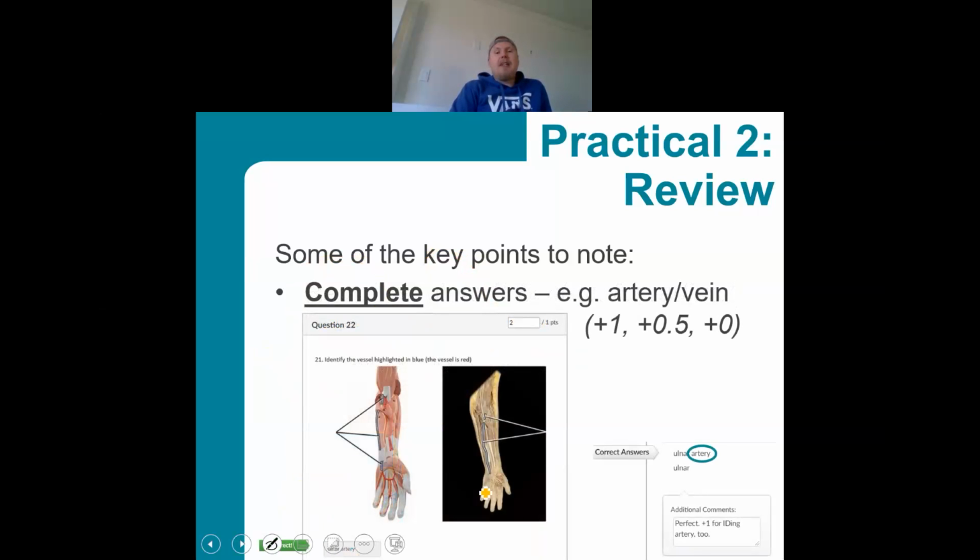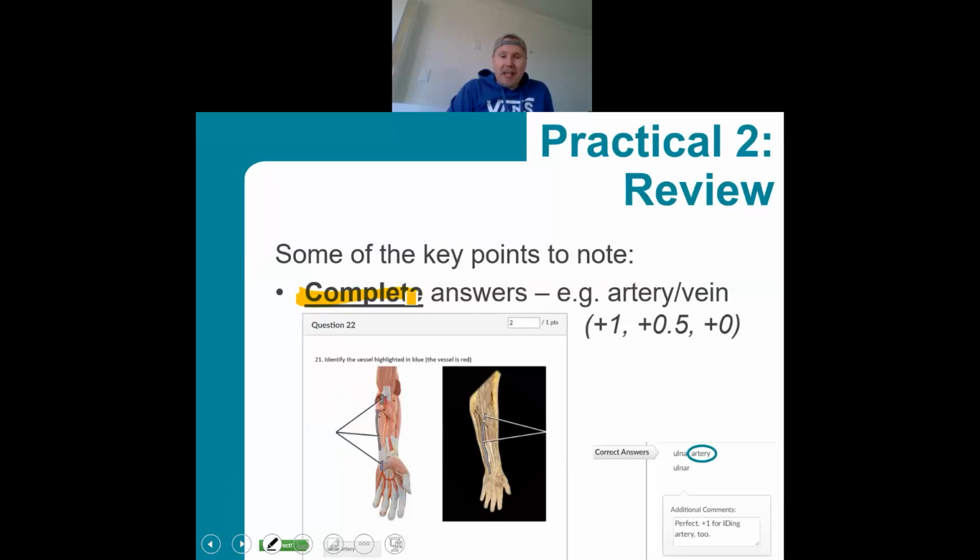Again, I do give more points. Often when we talk about structures in anatomy and physiology, we start abbreviating things. We start leaving things out because we speak and cover those so much. But in an exam situation, try to give as complete an answer as you physically can.